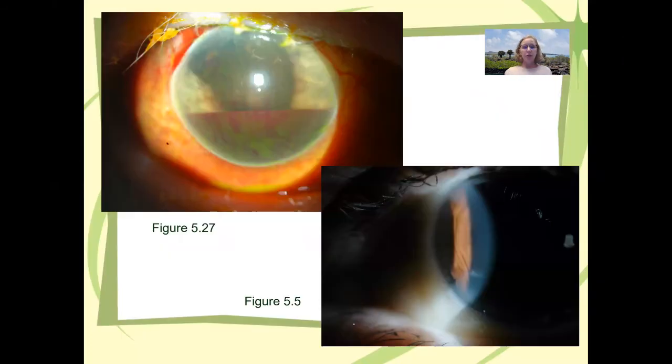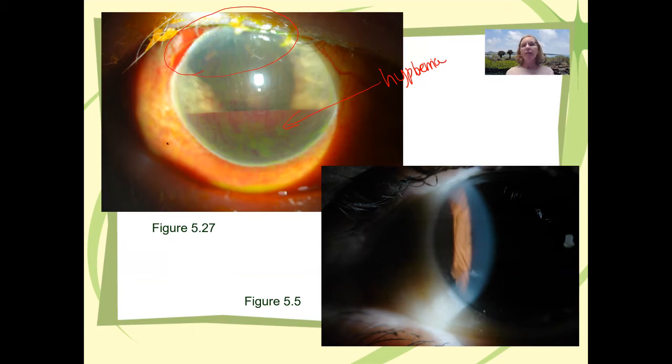I'll show you two different patients who have experienced iridodialysis. The top one had a more recent iridodialysis, but I think you can appreciate that the iris root is ripped away. Now, this also has blood between the cornea and the iris within the anterior chamber, and that's called a hyphema if there's blood in the anterior chamber.